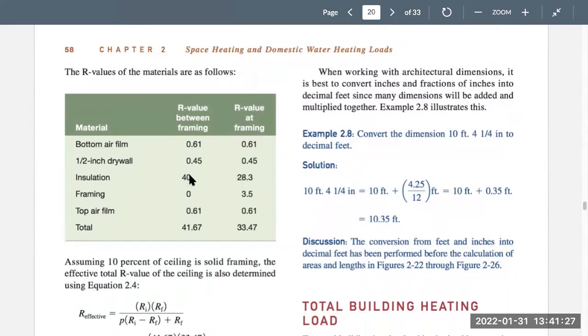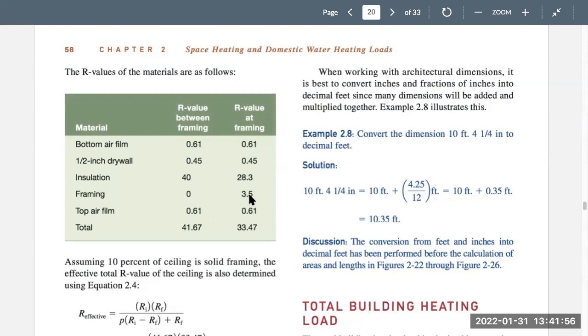So in between the framing, it's 40, but it's only 28.3 because we are dealing with not as thick of insulation because there's a wood stud there. Then when we go under framing, we see there's 0 value between framing. And then we see there's 3.5 right here.